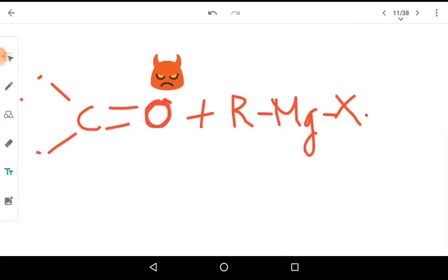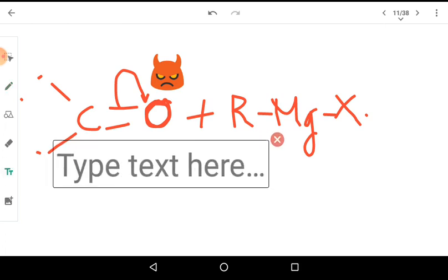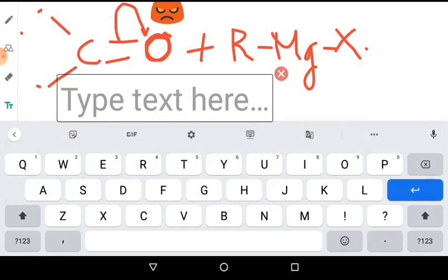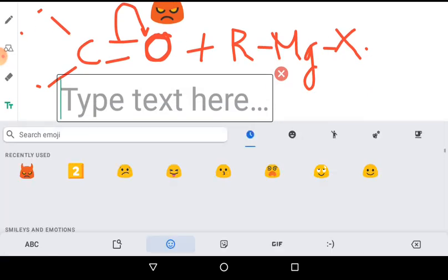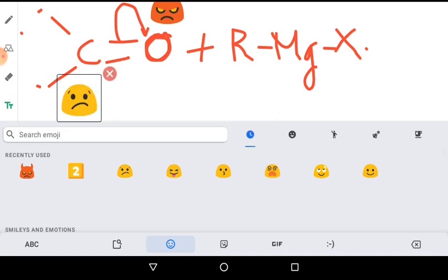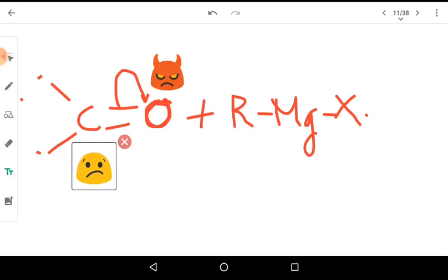Now why I have put this emoji is because this person wants all the electrons from the double bond. So he is going to take all the electrons from the double bond. Now what is the condition of our carbon? Carbon is very caring and he is ready to give the electrons, but not willingly. Now the carbon will start crying because it has lost its electrons, it has lost all its wealth. So it will start crying and the carbon will be like this, right?